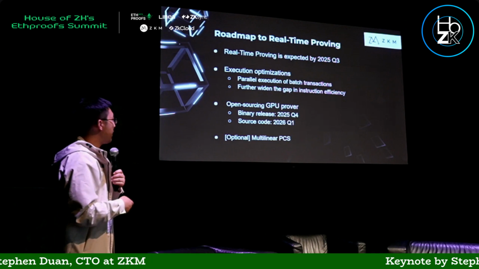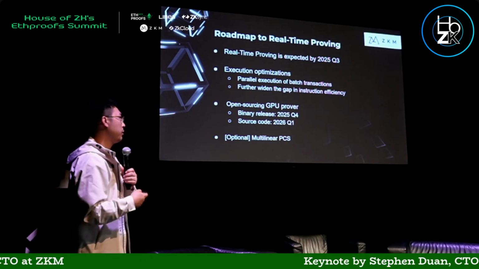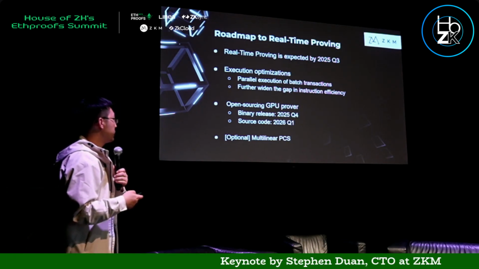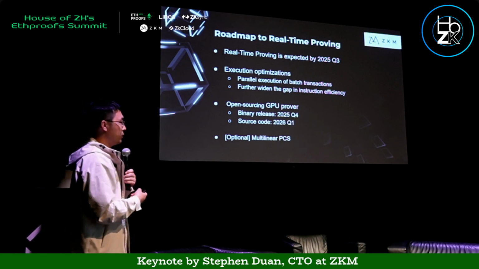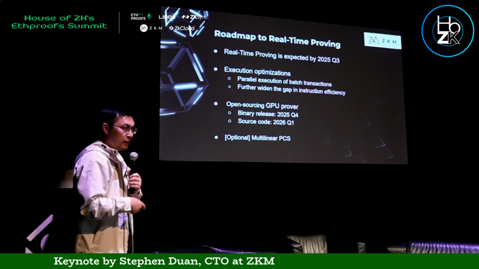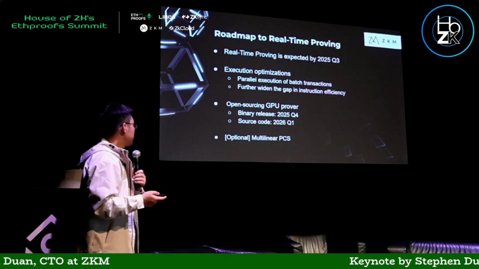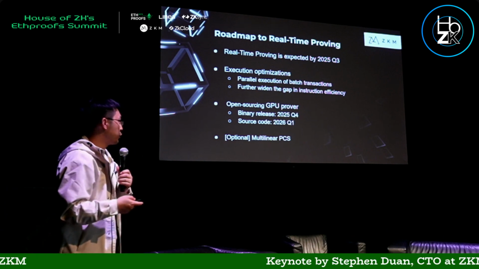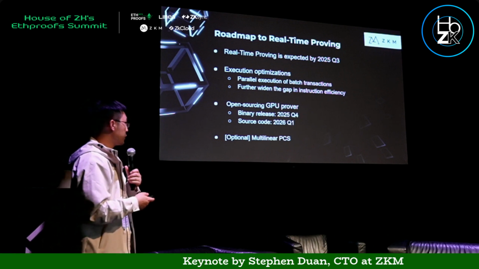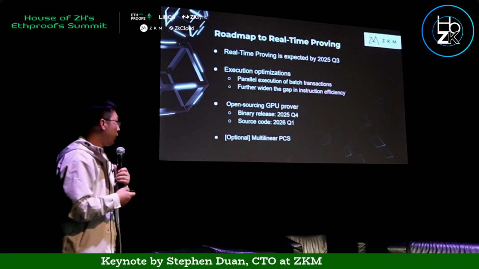The timeline for us: we expect to implement real-time proving by Q3. It's still on track. For the execution trace, maybe parallel execution of the batch transactions is the first priority.